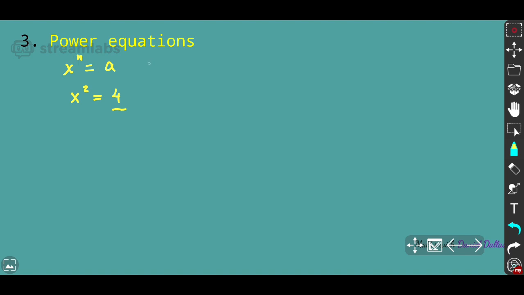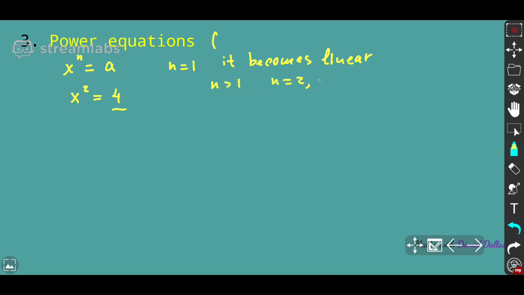This sort of equation is not linear. It might be linear in the case when n equals 1, it becomes linear. However, in the case n is more than 1, let's say n equals 2, 3, and so on. I've just taken positive integers, so that's why I'll say that n is from Z plus.